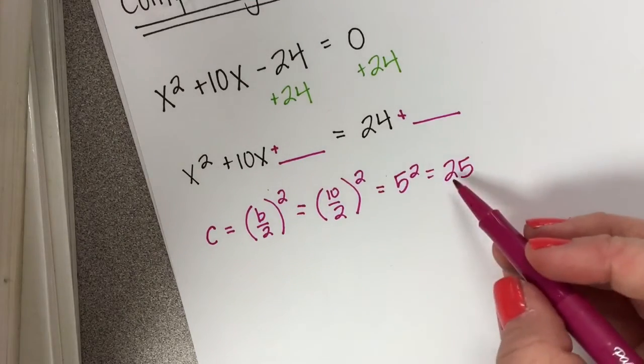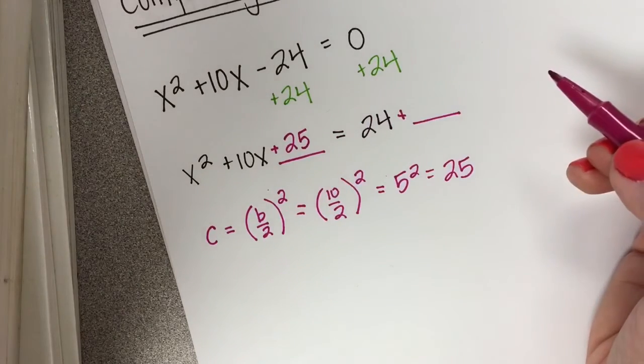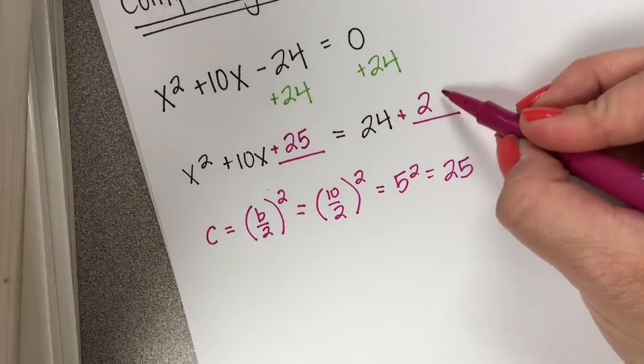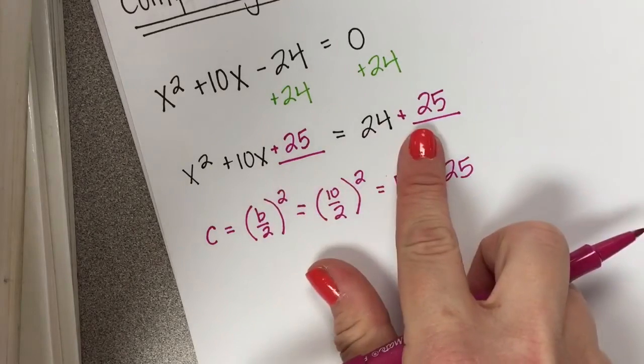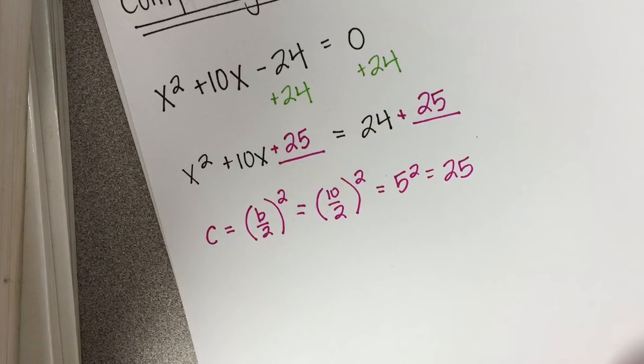So 25 is what I'm going to put in this blank to complete the square. And over here, I put the same 25, because it's an equation, I have to keep it balanced, so whatever goes on one side, I have to add to the other.